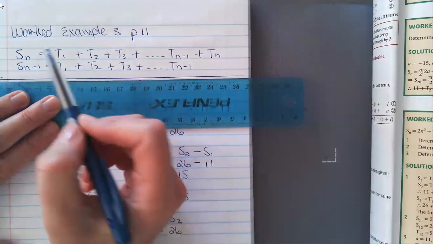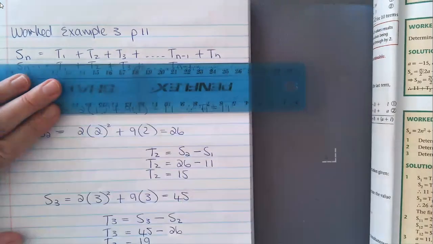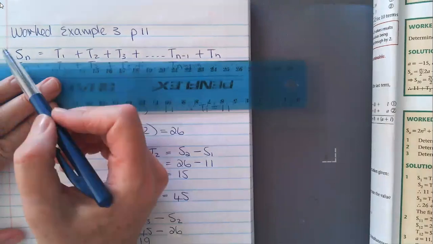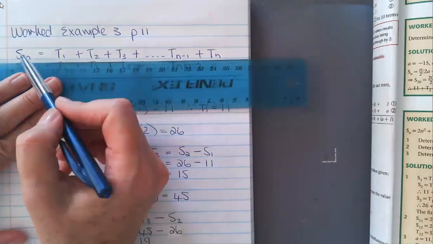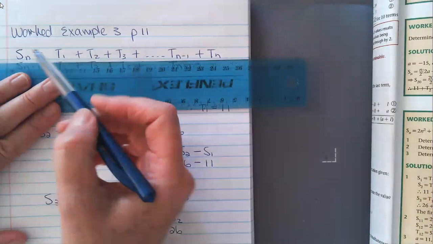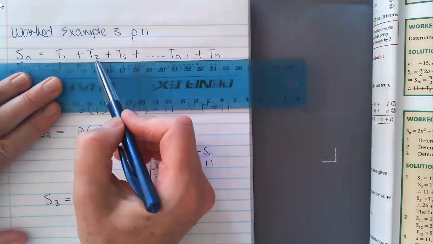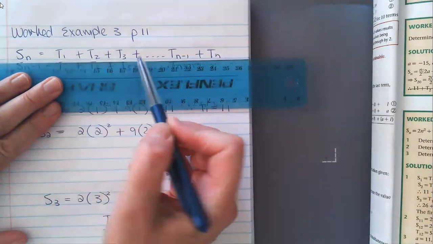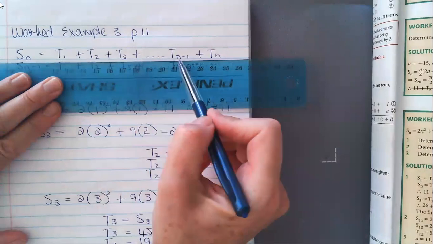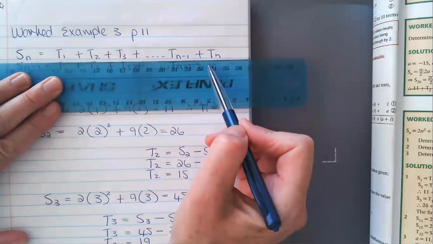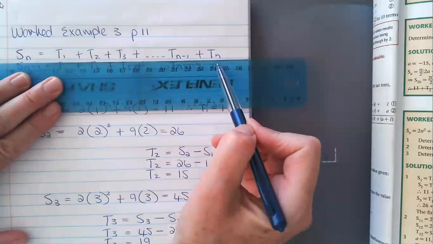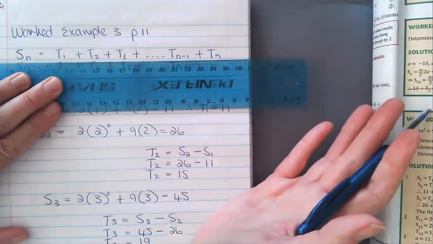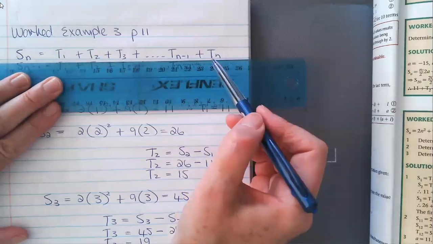Let's just look at Sn. Sn, the sum of the first n terms. It is T1 plus T2 plus T3 plus Tn minus 1 plus Tn. Right, that's straightforward. Next. Second last term, last term.